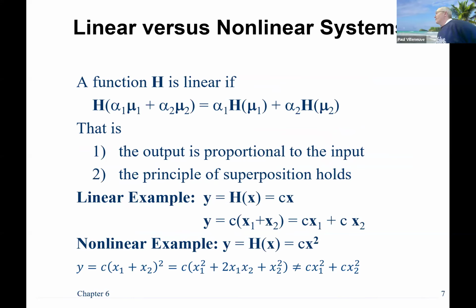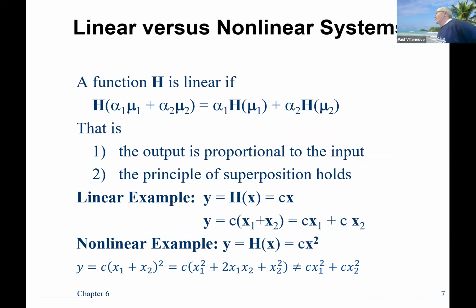A linear system is one where you can take any input, and if you get an output by taking the individual inputs and you get that same output, then the system is linear. So I've got a function h, and I've got two different inputs, u1 and u2, and then I just multiply by some coefficients.